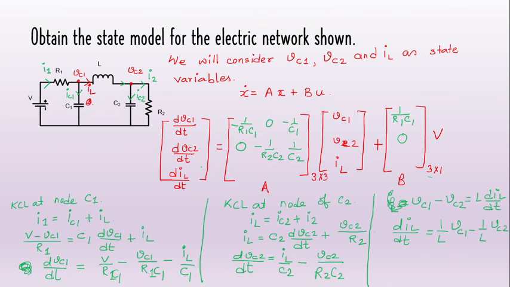As per that, the factor for VC1 will be 1 by L, and for VC2 will be minus 1 by L. There is nothing associated with IL, so it will be 0. There is nothing associated with V, so it will be 0.